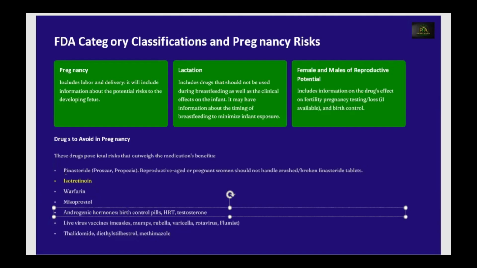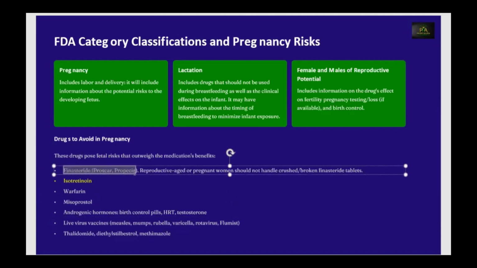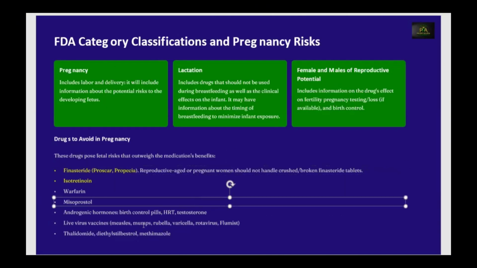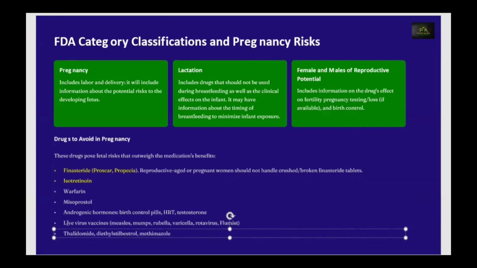Another medication that should be avoided in pregnancy is Proscar, very high yield in the exam. We say that a pregnant woman should not even touch it with their bare hands. Other ones are the live vaccines. We don't give pregnant women live vaccines.